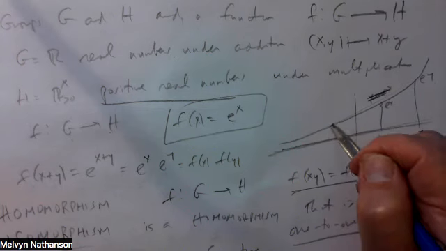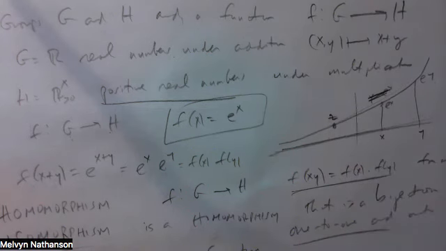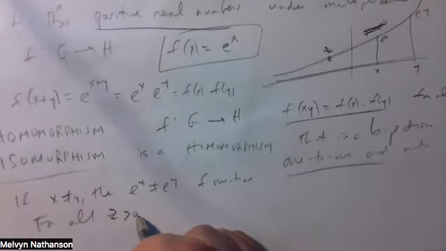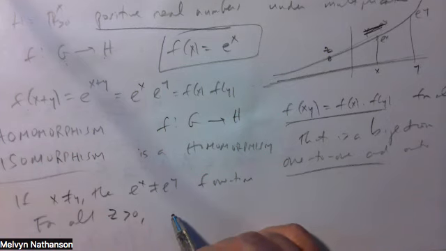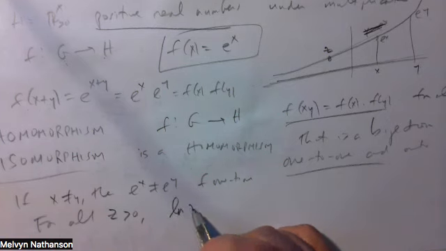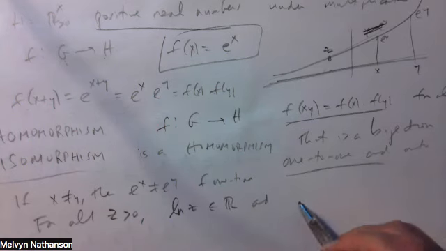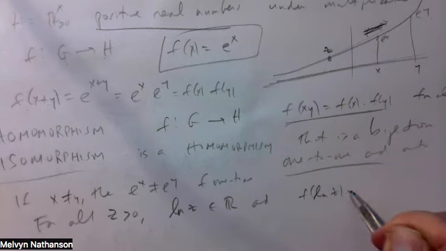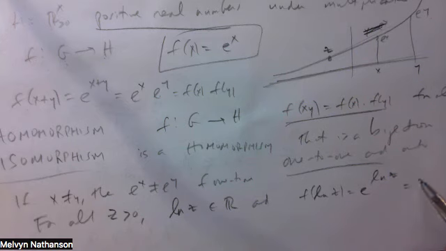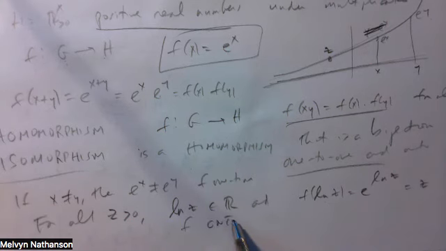And if I take any number, let's call it z, for all positive real numbers z, the natural log of z is some real number. And f of log z is e to the log z, but e to the log of a number is just the number. So for any positive number z, if I take its natural logarithm, f of log z is z. So f is onto.